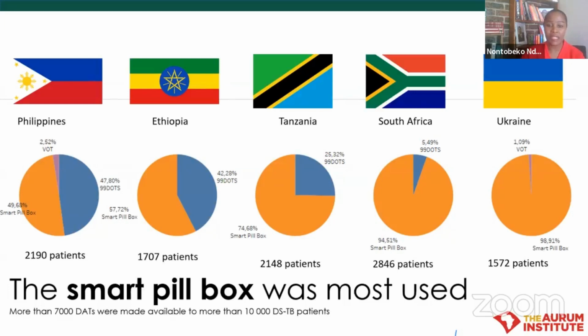And as you can see, we did not even go into doing video supported dots because of the stigma linked to having TB, and people thinking that if they take a video of themselves, they might end up on social media. So all those evaluations went into place when we were implementing and finding the most suitable digital adherence technology for the different settings.